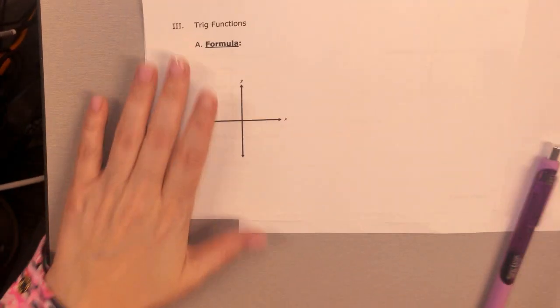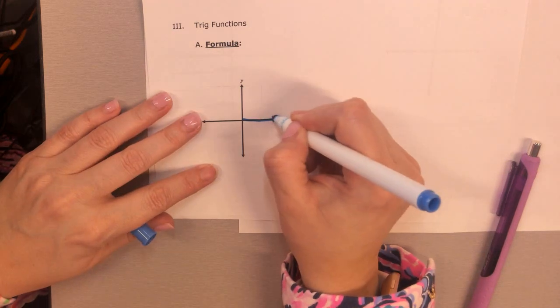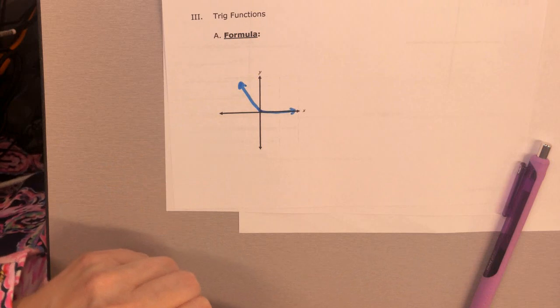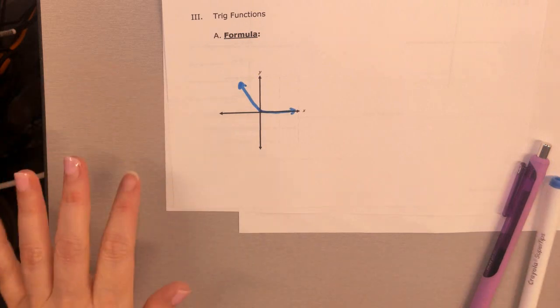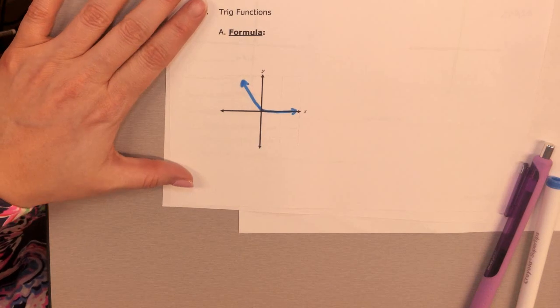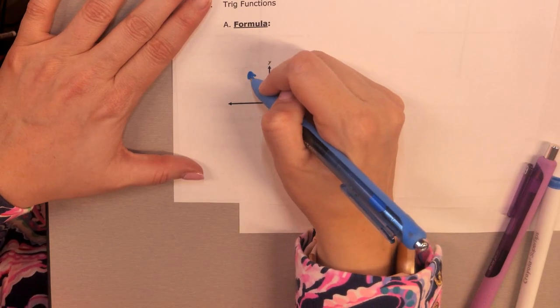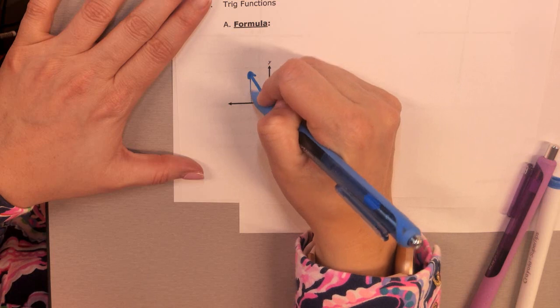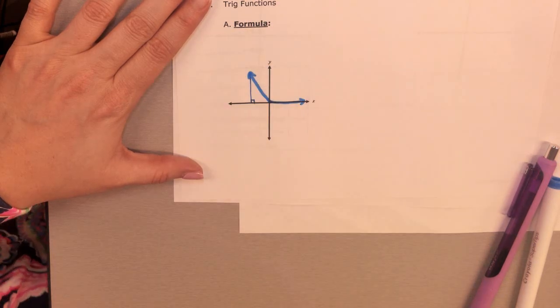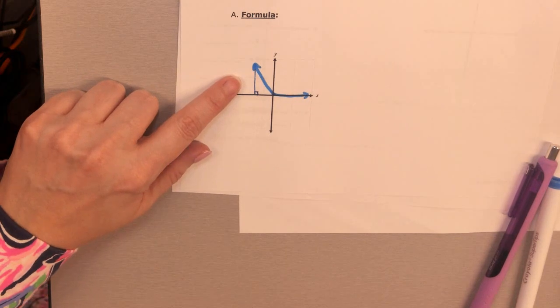Okay, so you have this on your paper, just this angle here, okay? Alright, and then what we're going to do from here is we are going to make a right triangle because the sine, the cosine, and the tangent is right angle trigonometry. Okay, so I want you to just connect this so that now you have a right triangle.